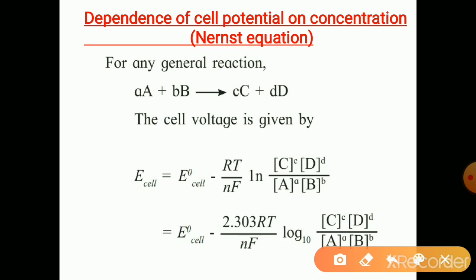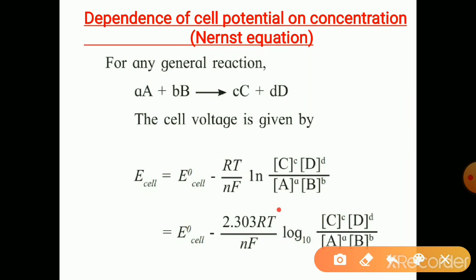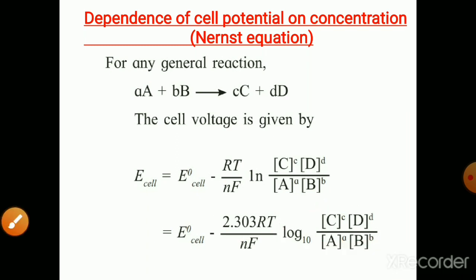In order to convert the natural log to base 10, we multiply this factor by 2.303, so the equation becomes E naught of cell minus 2.303 RT divided by NF log 10 of concentration of products divided by concentration of reactants. Rest everything remains the same.